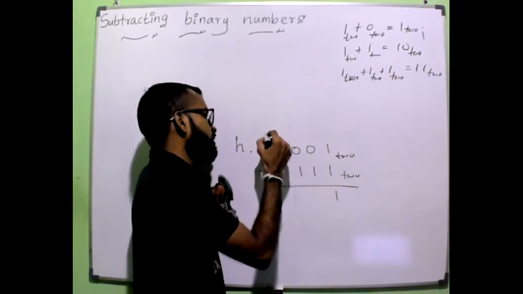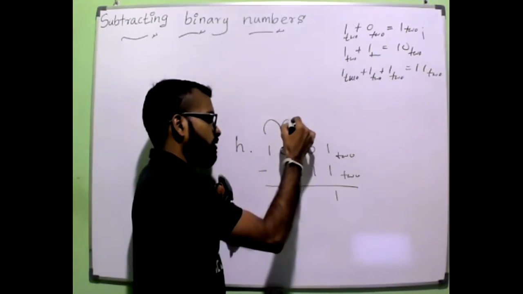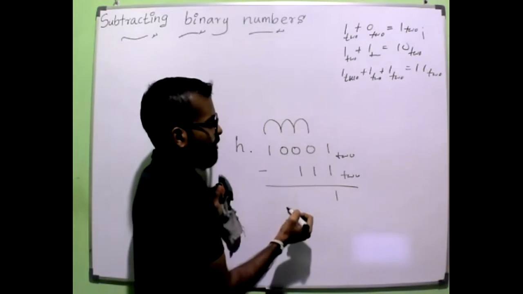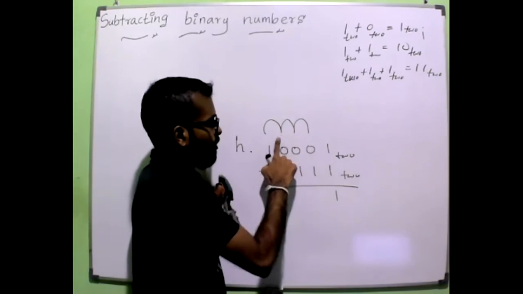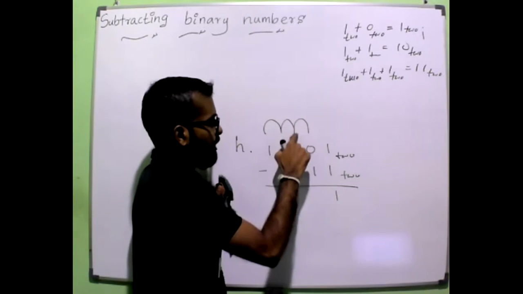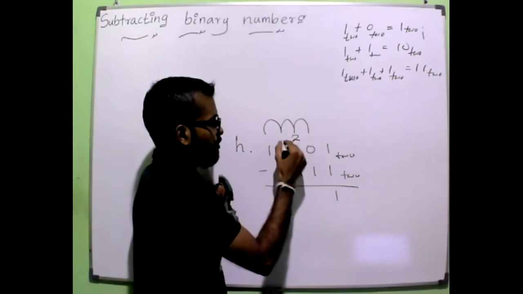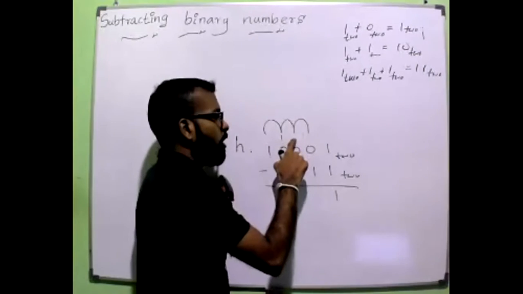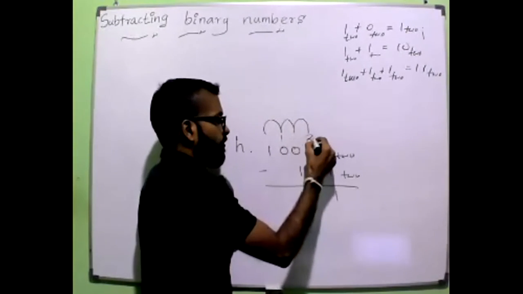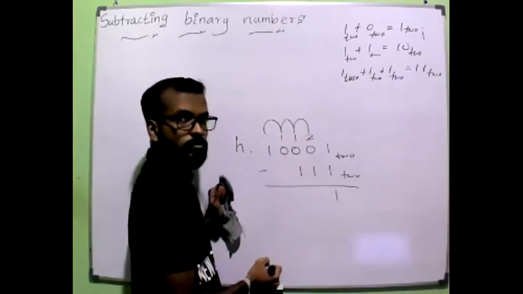So you have to take this 1 to this side, right? Here 2, right? You have to take that 2 to here again. So it leaves 1 here now, right? Again, you have to take this 2 to here. It leaves 1 here now.